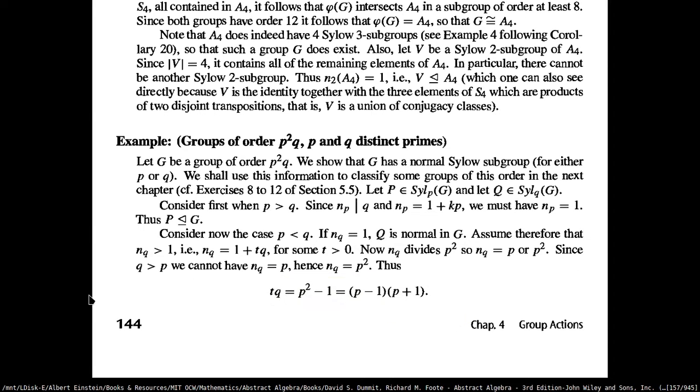It says since Q is bigger than P, you can't have N_Q equals P. Oh, that's because this is the case P less than Q. That's not what we were looking at; we were doing the case P bigger than Q. So if Q is bigger than P, the number of Sylow Q subgroups cannot be equal to the prime.